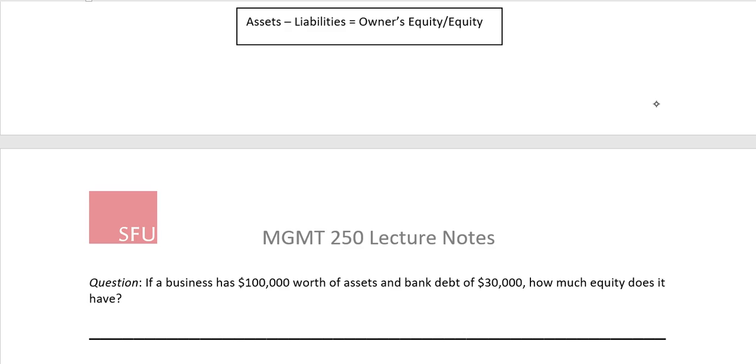So we'll go ahead and plug our assets in. We have $100,000 worth of assets. And then we're going to say minus our liabilities, which is bank debt of $30,000. And that's going to give us a nice round number for our equity of $70,000.